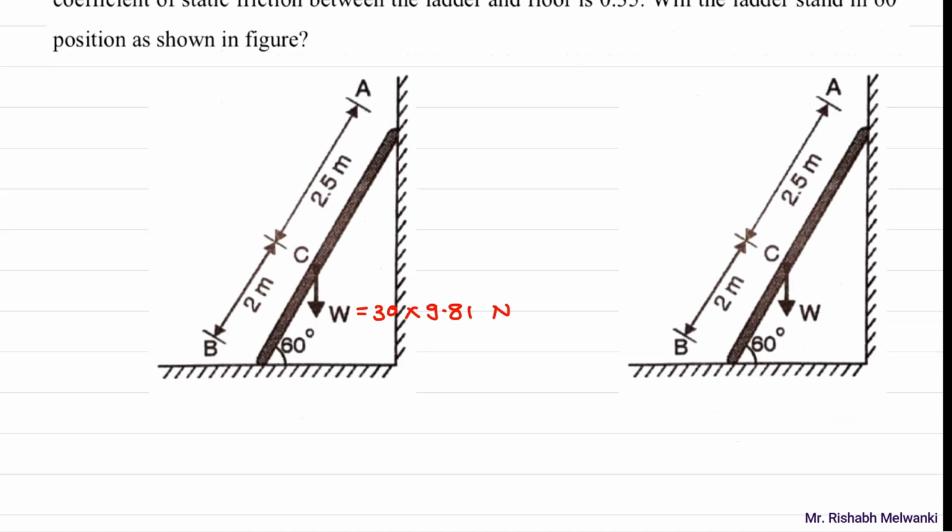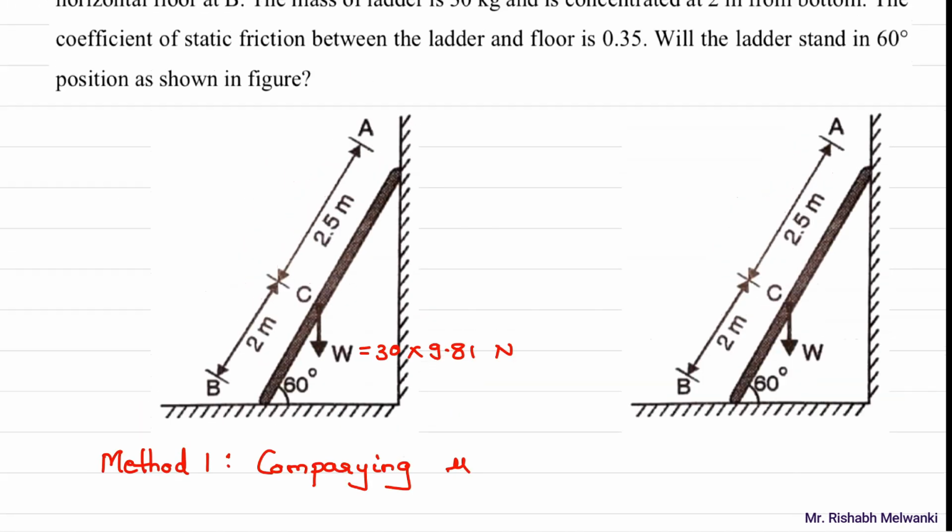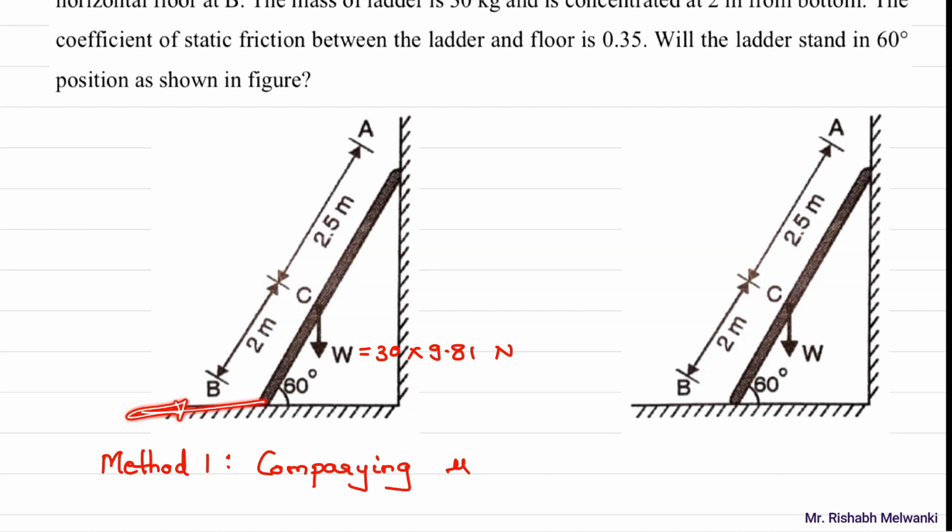So I'll write down method 1. It will be comparing coefficient of friction mu. Now since the ladder is going to slip at point B in this direction, the friction force will be towards right.